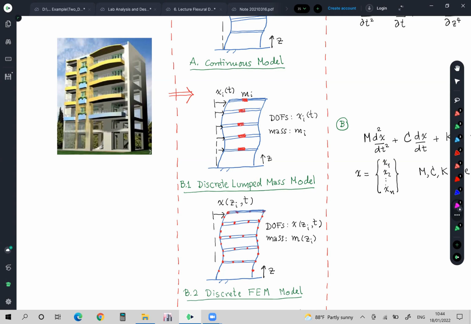In such a case, some people represent the movement of the building using xi for floor number 1, and then floor number 5, number 10, number 15, number 20, number 25, number 30. Every 5 floors, they use 1 degree of freedom to represent the movement only. So in between, we will not know how it moved. Okay? Something like this, for the discrete lumped system.